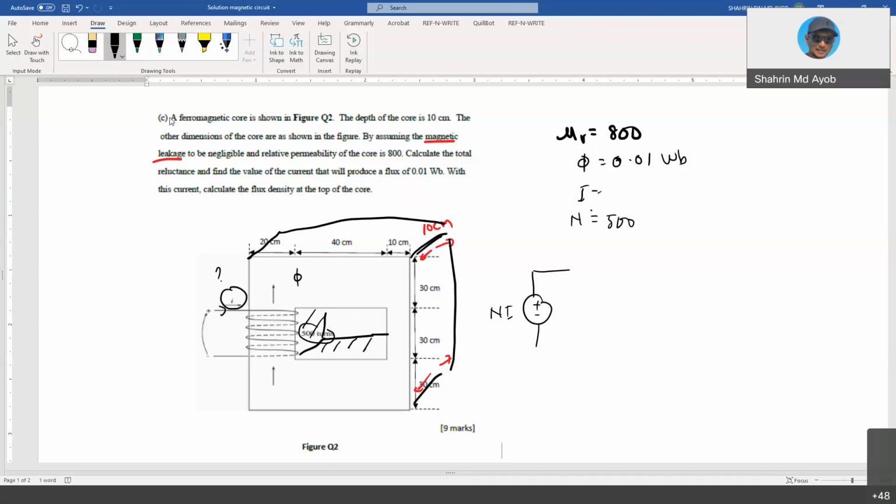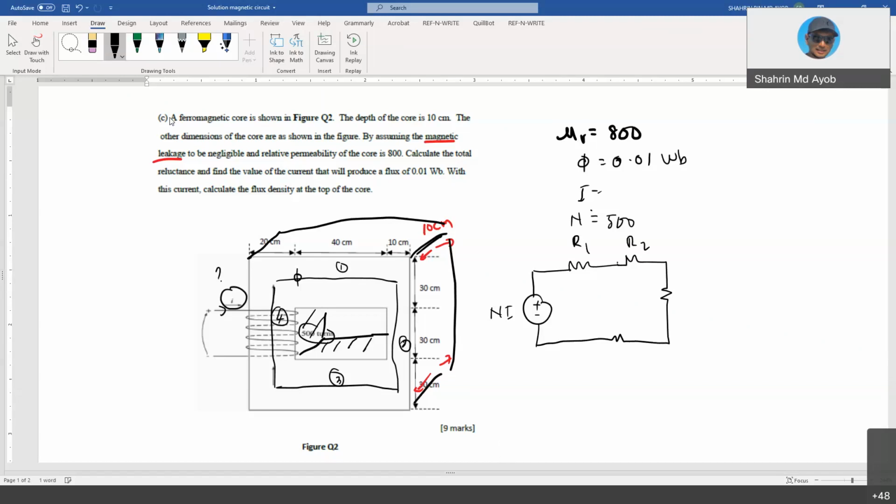So how many segments do we have here? We have 1, 2, 3, and 4 segments. So I think we have 4 resistors: R1, R2, R3, and also R4.